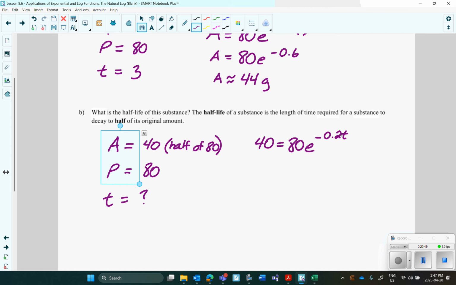I can get rid of the 80. What does the left-hand side work out to? Half is 0.5. Now I have to begin the process of bringing this exponent down. Log first. And now I can use the power log law to bring this exponent in front of log e.